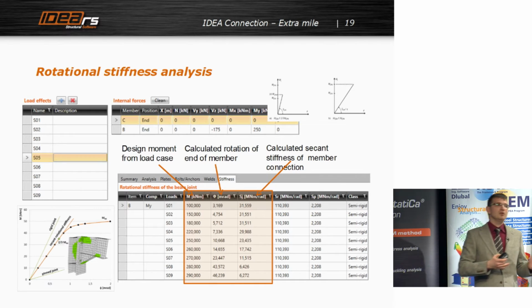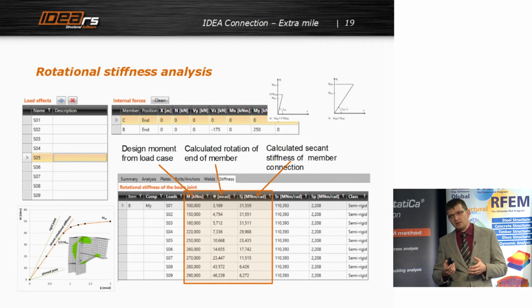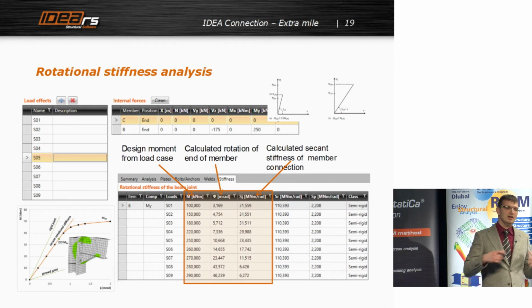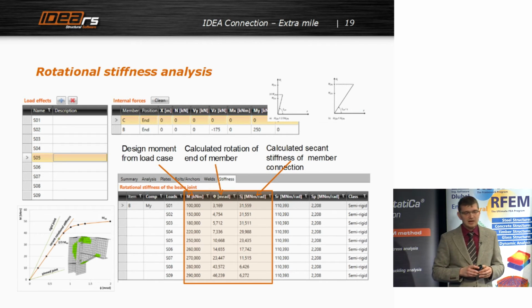But sometimes you need to take into account back the stiffness value of the joint. We can calculate and provide you this value, which is important for the final analysis of the original 3D model.